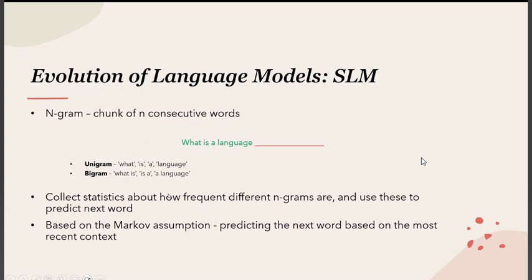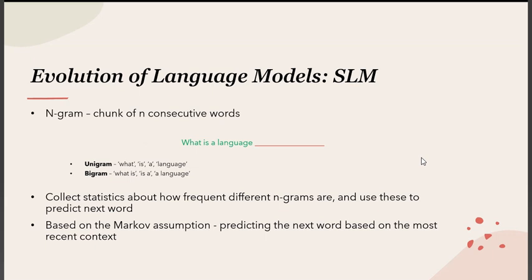Consequently, for trigrams, fourgrams and so on, the number of words in the window keeps increasing. That is exactly what I mean by n-gram. For simplicity of the presentation, we will consider bigram for our example, but the same concept can be extrapolated to other n-grams as well.